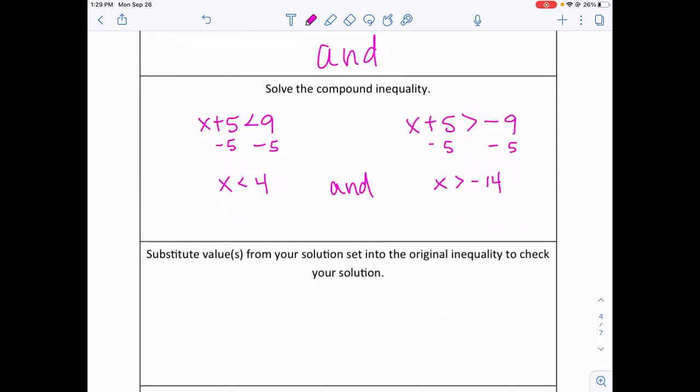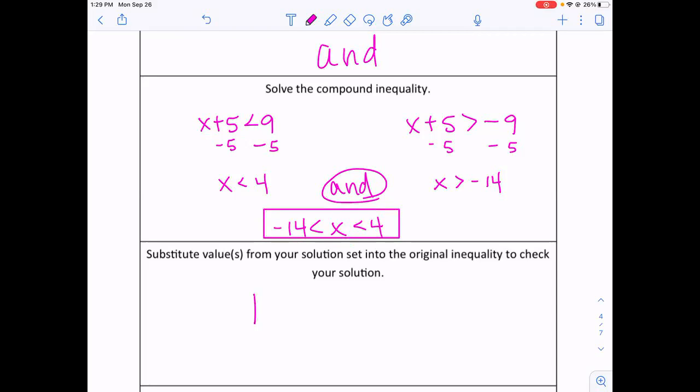Didn't I write negative 14? I meant negative 14. Now, since this is an and statement, we can make a sandwich. X is less than 4 and greater than negative 14. Colin, give me a number between negative 14 and positive 4.